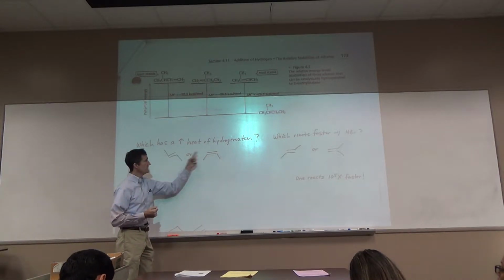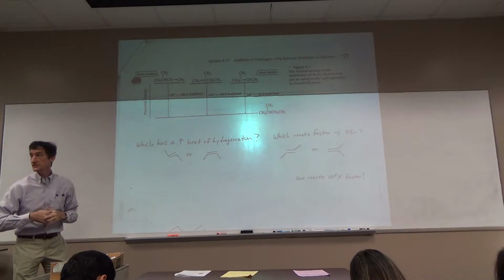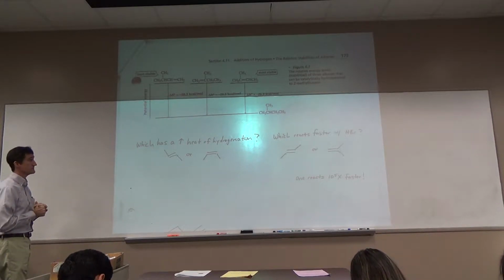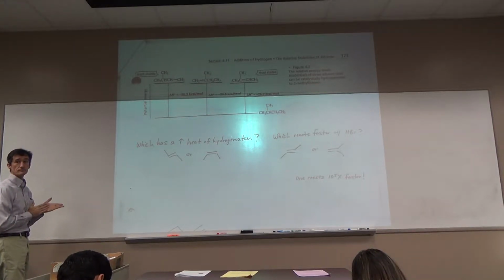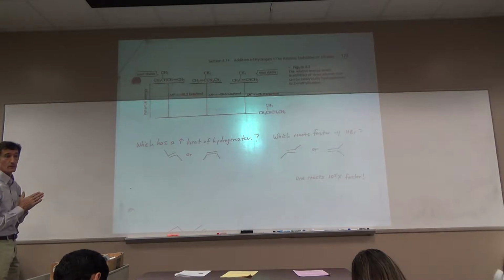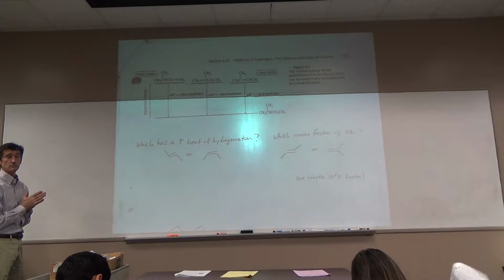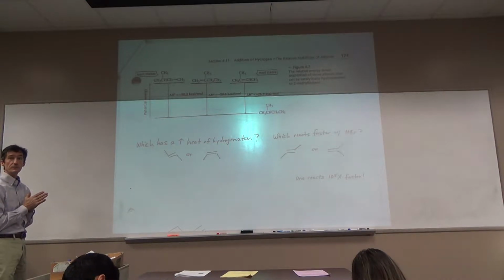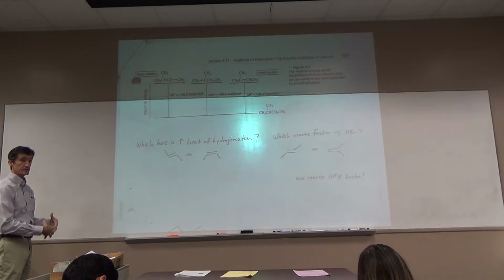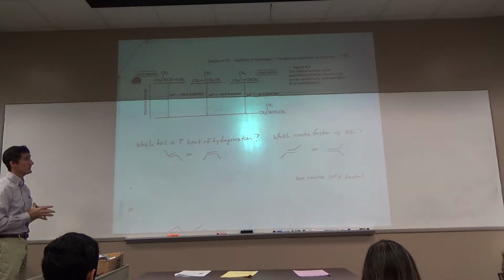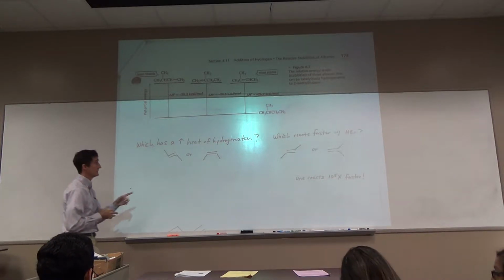Which will have the highest heat of hydrogenation? That is, which will give off the most heat when hydrogenated? Which one contains more heat? That is, which one is least stable? Most stable would mean it's lower in energy. So the cis one? This one. Yes, cis.